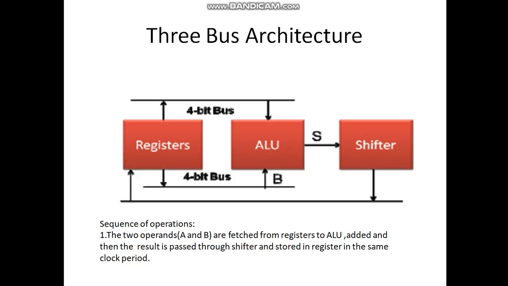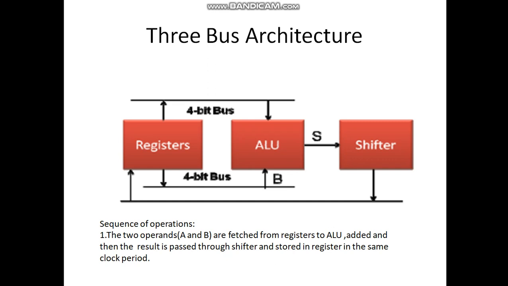This is a 3 bus architecture. The functional blocks are the same. You have registers, ALU and shifter, but the difference is in the number of buses that are being used. Here you can find there are 3 buses. So what happens is that for the same example, that is fetching, adding and storing the result, here everything is carried out in a single clock pulse.